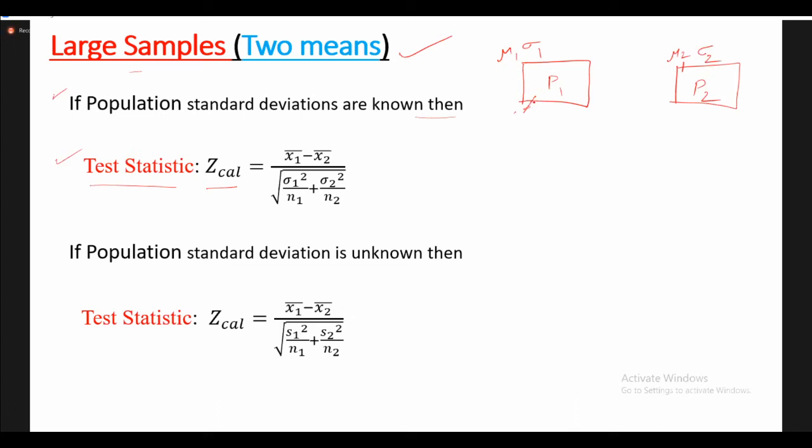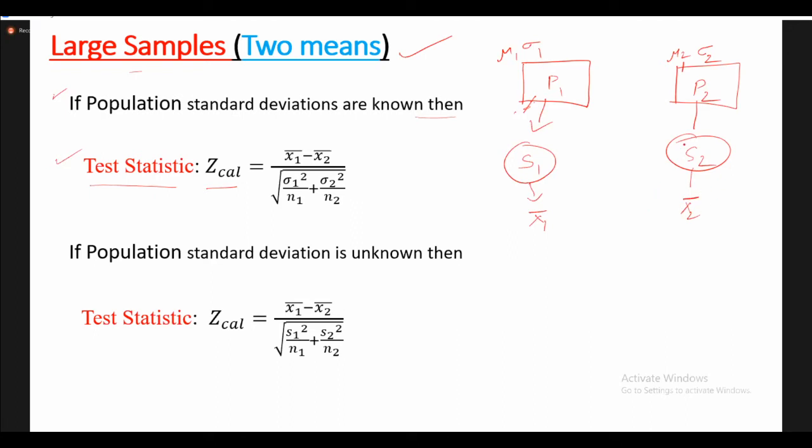From this population we have taken one random sample, S1. The sample mean is denoted by x1 bar. From the second population we have taken another sample, S2. The second random sample mean is denoted by x2 bar.